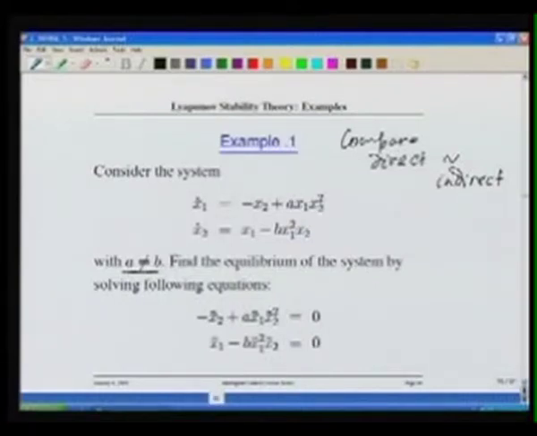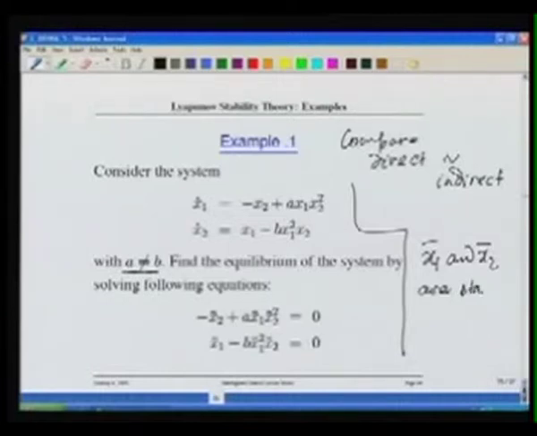So, let x 1 bar and x 2 bar be the states corresponding to the equilibrium point.